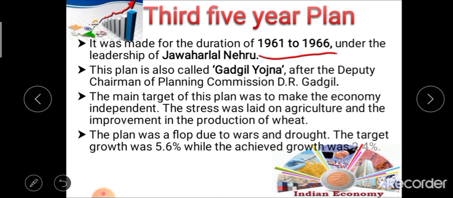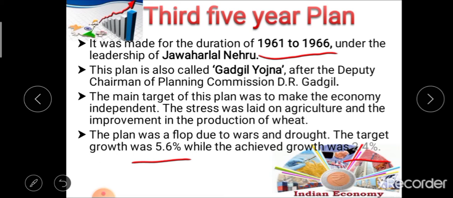Stress was laid on agriculture and improvement in the production of wheat. The targeted growth rate was about 5.6, but the actual growth rate achieved was only 2.4.